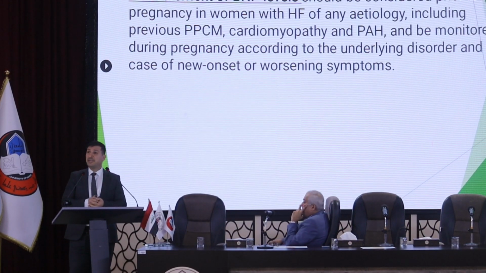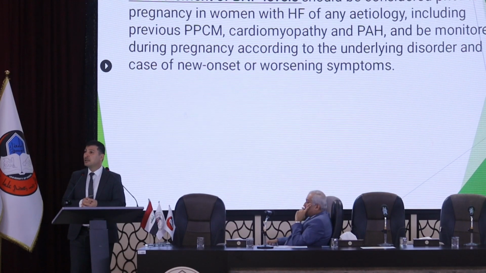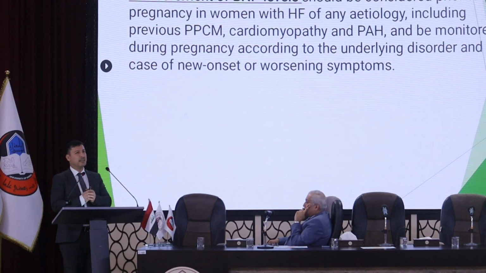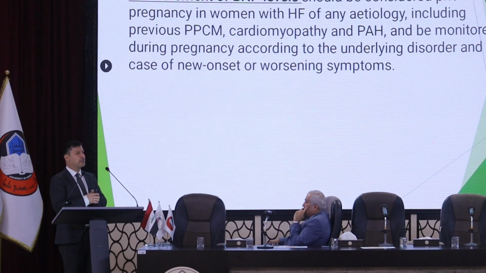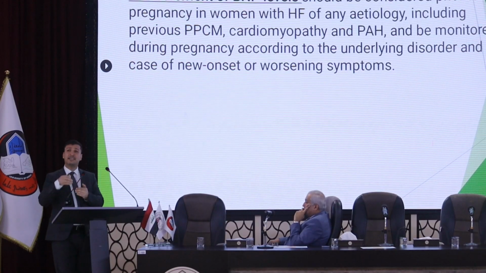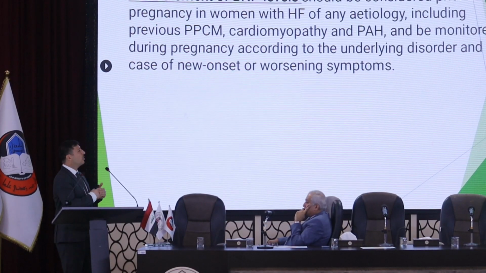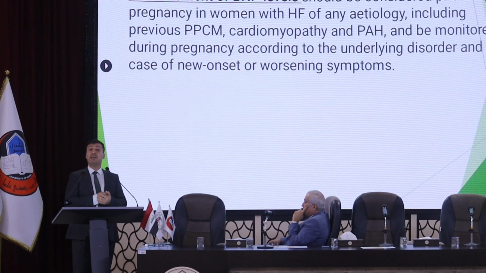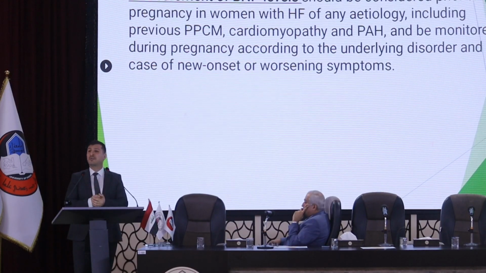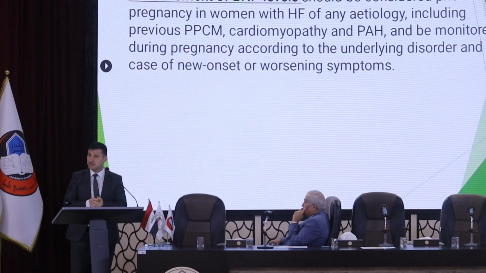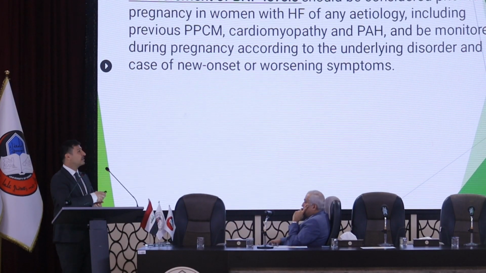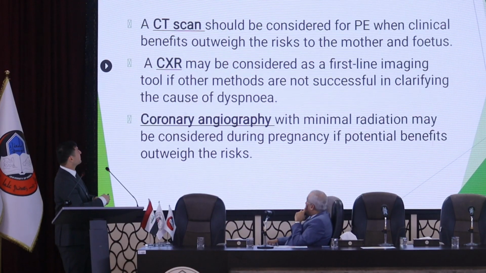Go for measurement of BNP, brain natriuretic peptide, in an already known case of heart failure, or past history of peripartum cardiomyopathy, or adult congenital heart disease, or some other conditions that may be exposed to heart failure, to detect early heart failure in the pregnant lady.